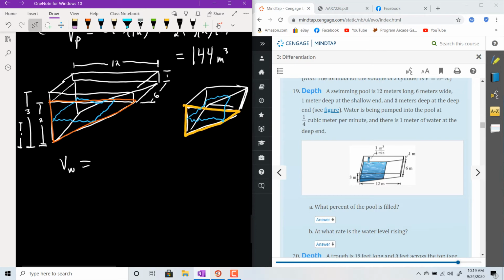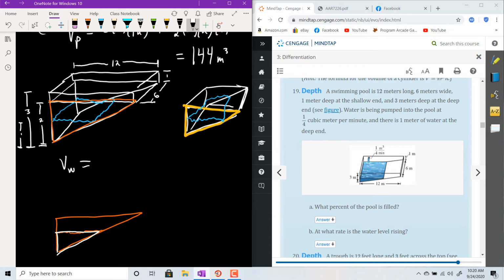That red part looks like this, and then there's the water going through it right here. So I need the area of the water portion right here, and then multiply it by 6, and that'll give me the volume of the water.